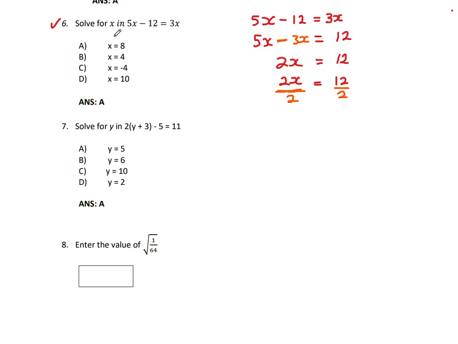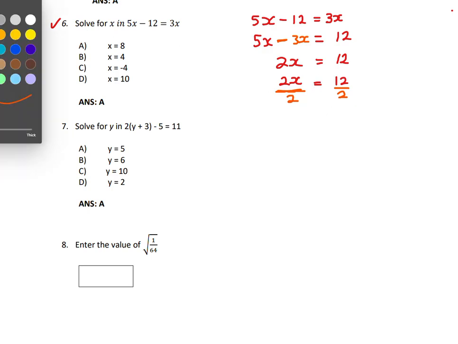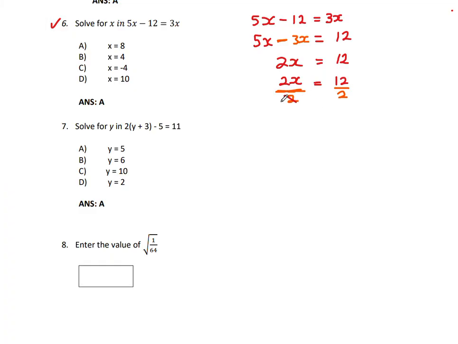So on the left side of the equal sign, where I have 2x divided by 2, 2 divides into itself once, so I'm left with 1x, which is just x. As 1 multiplied by any quantity gives you that same quantity, and a quantity divided by 1 leaves you with that quantity as well.